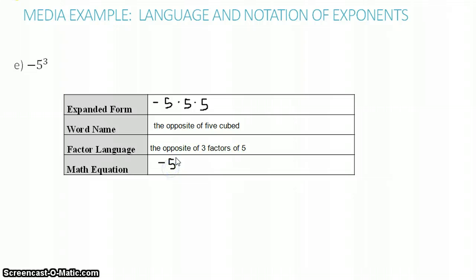The opposite of 5 cubed equals, now looking at the expanded form, we'd multiply 3 factors of 5, which we know is 125. And then to determine the sign of the result, we see there's just one negative and 2 positives, so our result would be negative.